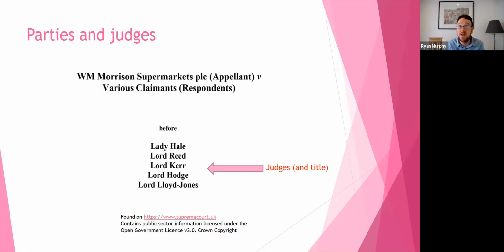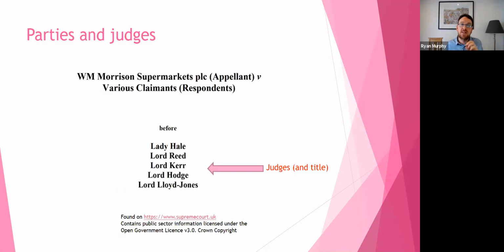So you can see who decided the case and what their position in the legal order is. In the Supreme Court, it will inevitably be Supreme Court justices, but as you move down through the ranks, through the hierarchy of the courts, different judges sit in different courts. And so you might have more of a mix of titles and of seniority of judge sitting on a particular case.